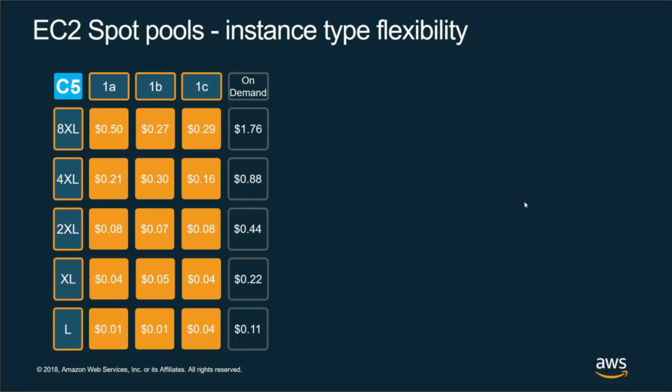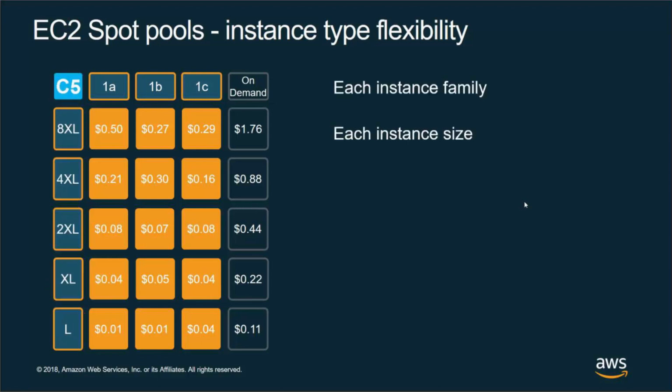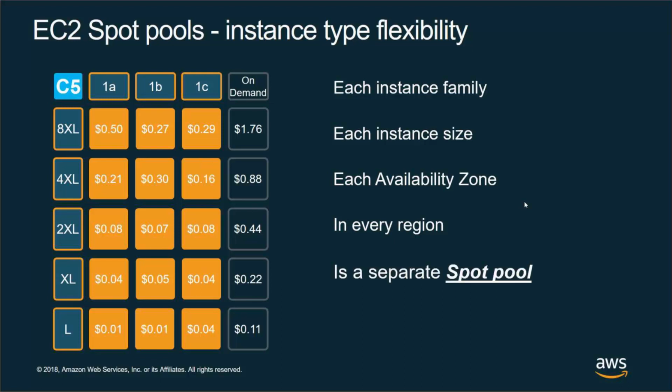And we know that each instance family, in each one of the instance sizes, or the t-shirt sizes as some people like to call them, within each availability zone, and this is true for every region, is a separate Spot pool. So think about running an application and being able to support multiple capacity pools in order to tap into more capacity, right? If you're just going to run a single instance type, then you're limited by the Spot capacity for that specific instance type.